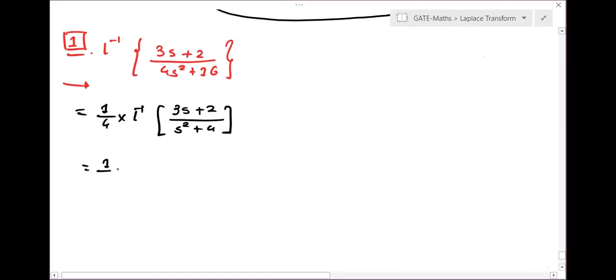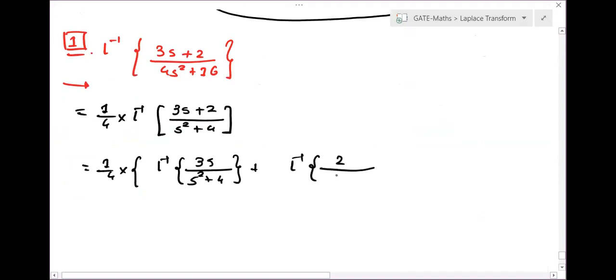So this is equal to 1 by 4 into Laplace inverse of 3s divided by s square plus 4 plus Laplace inverse of 2 divided by s square plus 4, isn't it? And 4 is what? Your 2 square, or not?